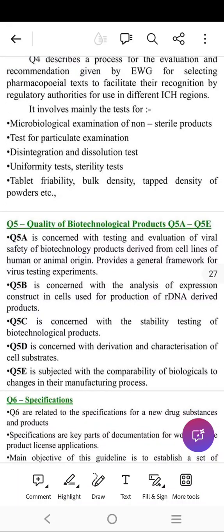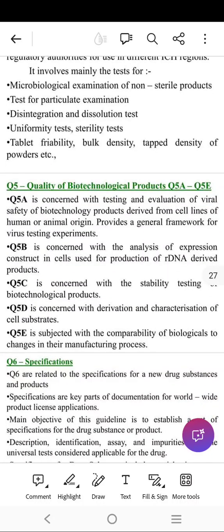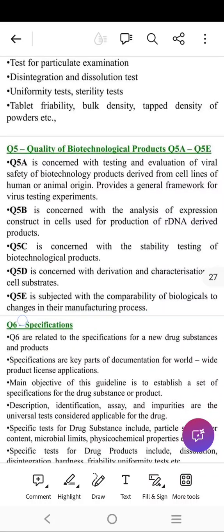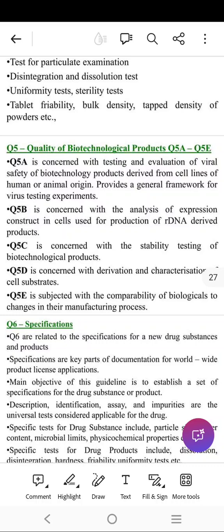Q5, quality of biotechnology products. Q5 is divided into Q5A to Q5E. Q5A is concerned with the testing and evaluation of the viral safety of biotechnology products derived from cell lines of human or animal origin, and provides the general framework for virus testing experiments. Q5B is concerned with the analysis of the expression construct in cells used for production of rDNA derived products.